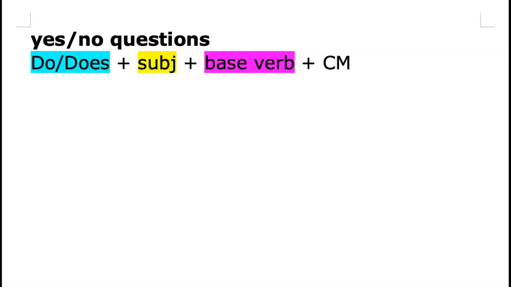This is very much like the negative sentence. Again, we conjugate the helping verb to do, but the main verb remains as the base verb. It does not change.